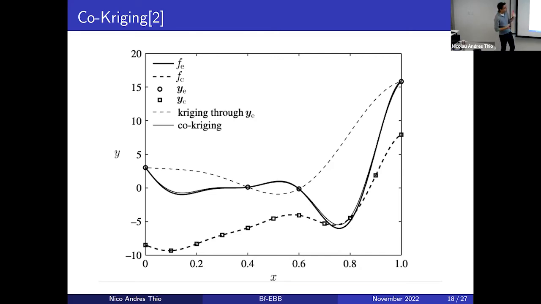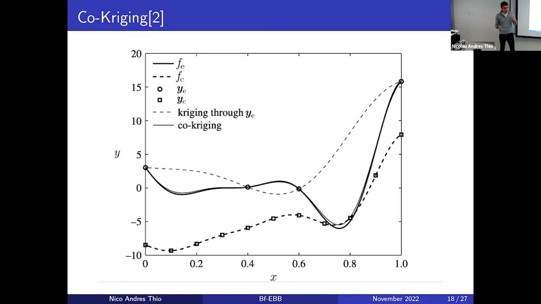So essentially what this image is trying to convey is that I've got one source, the truth, and a low fidelity source, which looks nothing like it. If I train a kriging model, only using the high fidelity data, I end up with this dashed line, which looks nothing like the truth. But if I create a co-kriging model, I get this thick line, which is almost on top of what I'm trying to model.